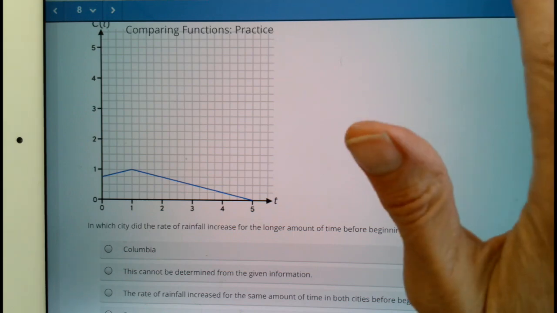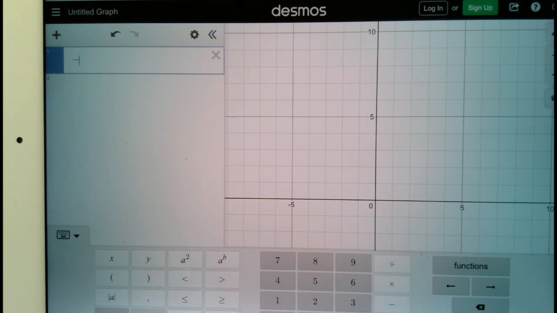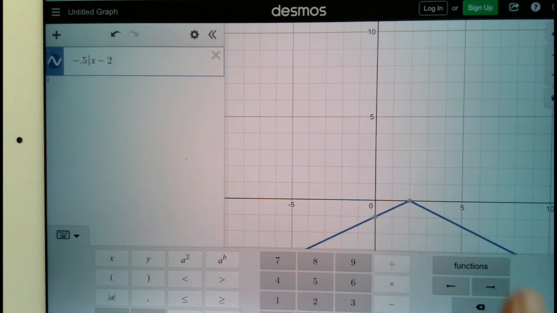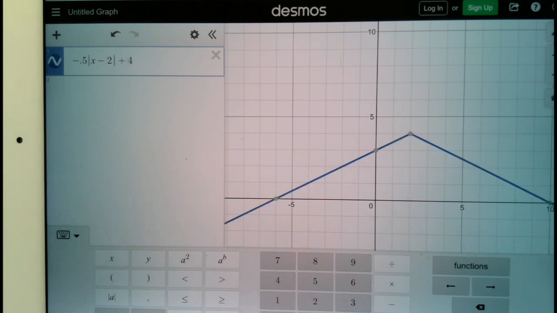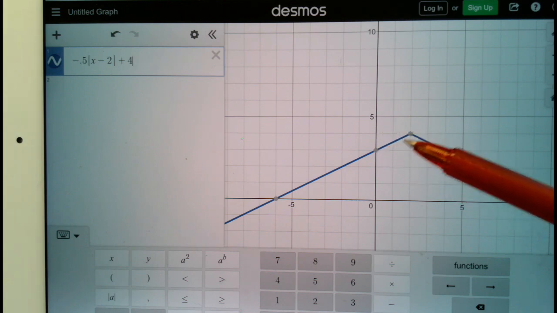If we flip over to Desmos and we type in that function, negative 0.5 times the absolute value of, instead of t, I'm typing in x minus 2, plus 4. So here we get the picture. And what we're looking at on this particular graph, again, is still the rise over run.